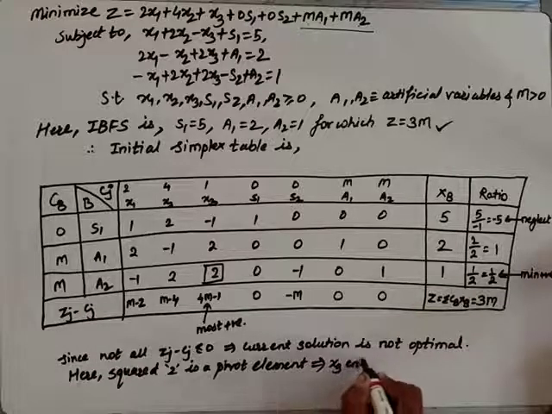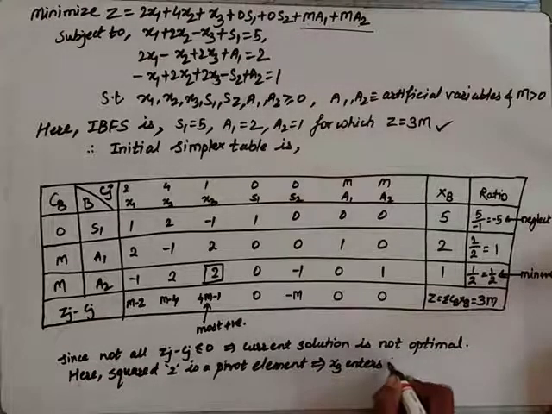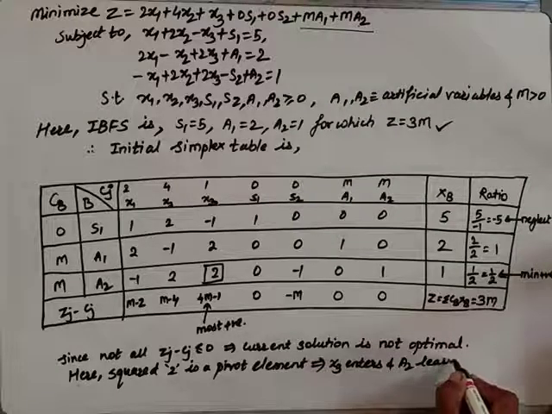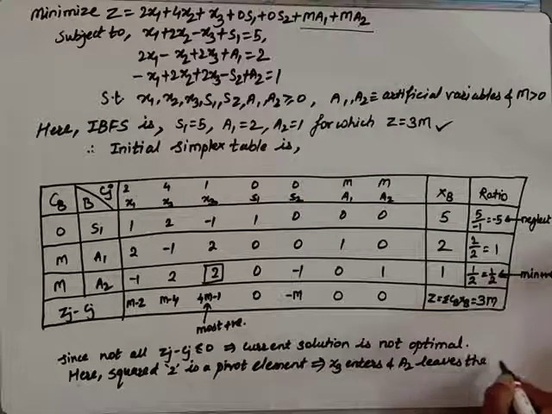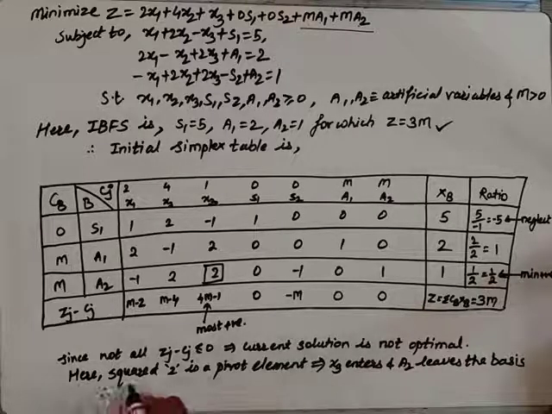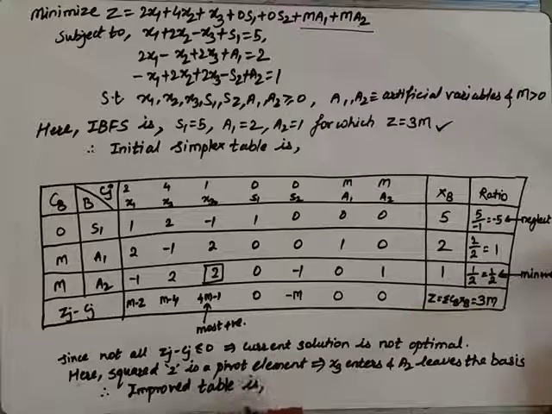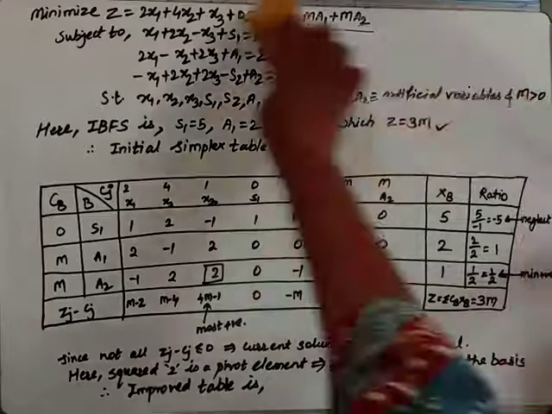Therefore, we have to obtain an improved table by doing some pivot operations.